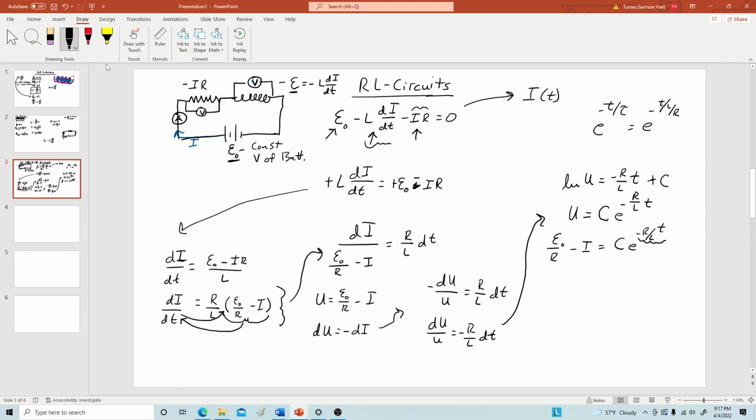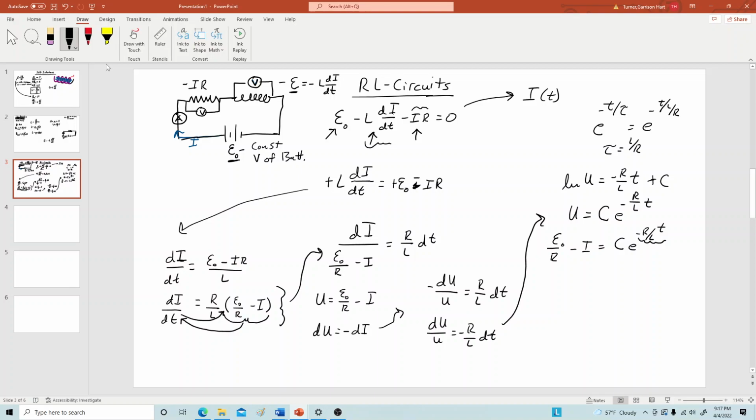So I'm dividing t by the fraction R over L, which actually gives me negative R over L times t. But I'm defining this time constant tau just like we had an RC constant of R times C. My time constant here is L over R.